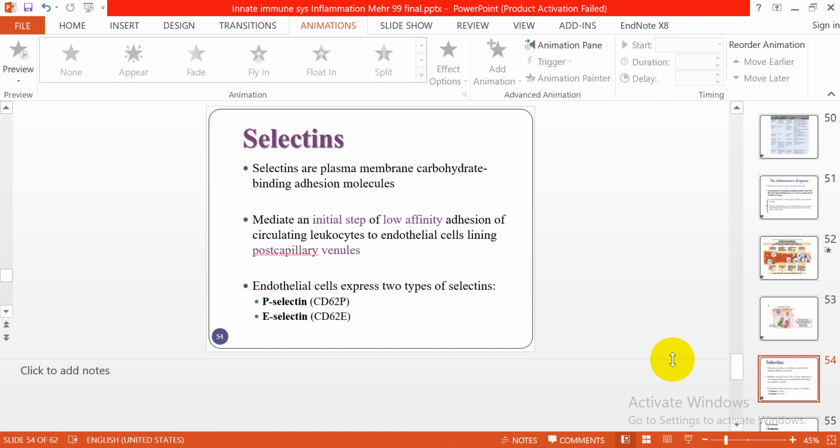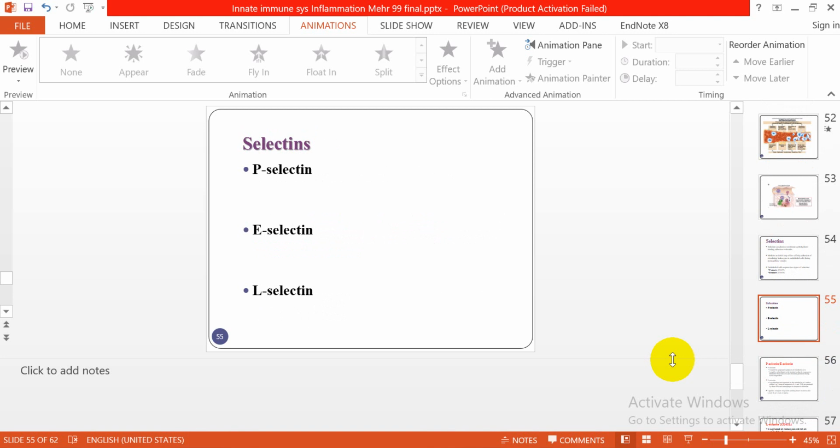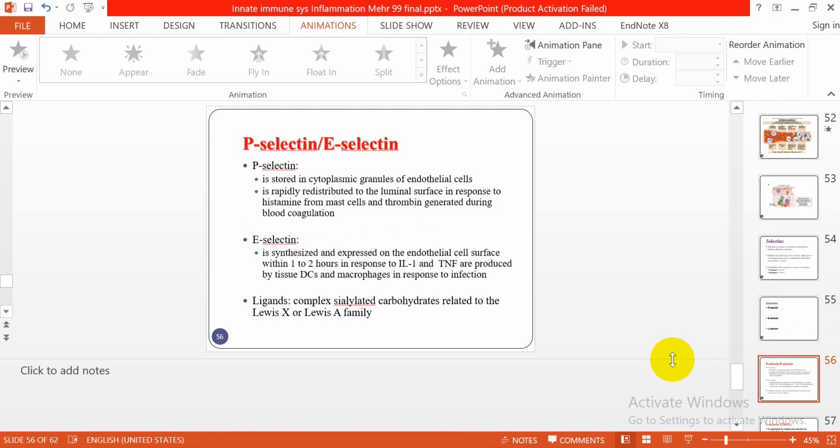Endothelial cells express two types of selectins. We have different types of selectins: P-selectin, E-selectin, and L-selectin. P-selectin and E-selectin are expressed on the surface of endothelial cells.